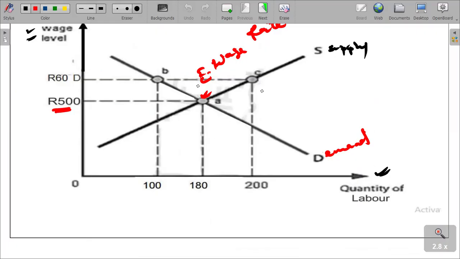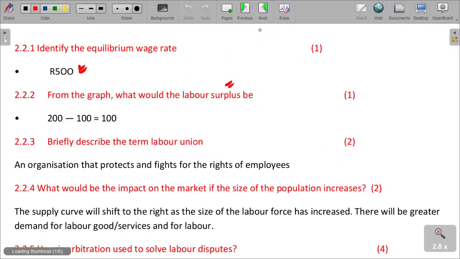The question needs us to look at labor surplus. So labor surplus is 200 minus 100, and then we get 100, which means 100 people are in excess.